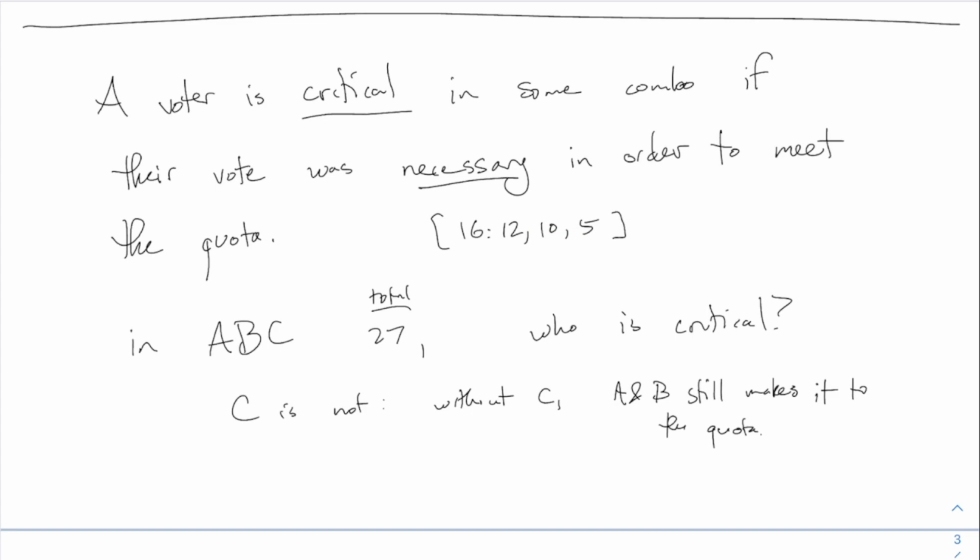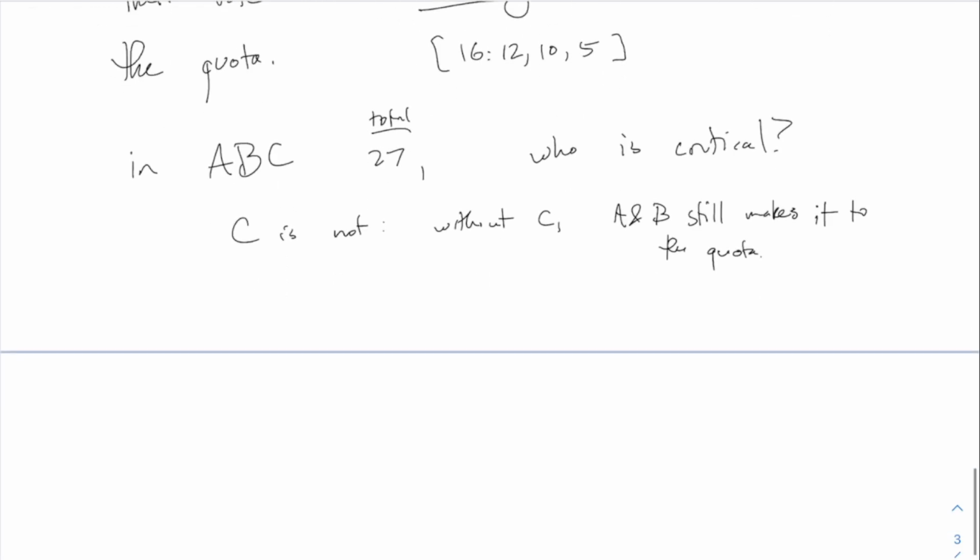What about B? In this combination, do you really need the B to make it to the quota? In this combination, it's 27. If I took away the B, that would drop it down to 17, which I think is still meeting the quota. So that means B also is not critical. For the same reason, without B, the other two will still make it to the quota, all right? Without the B, it's only 17, but 17 still counts as meeting the quota.